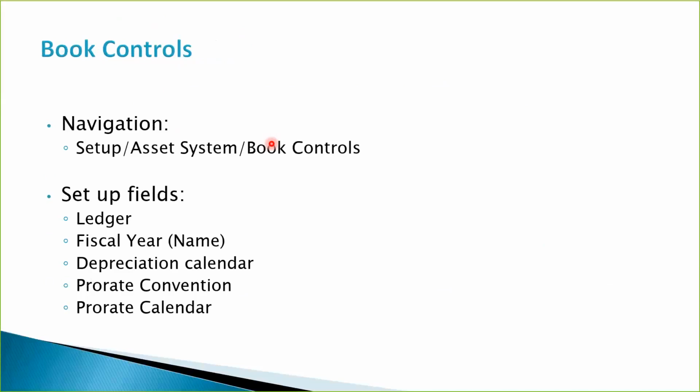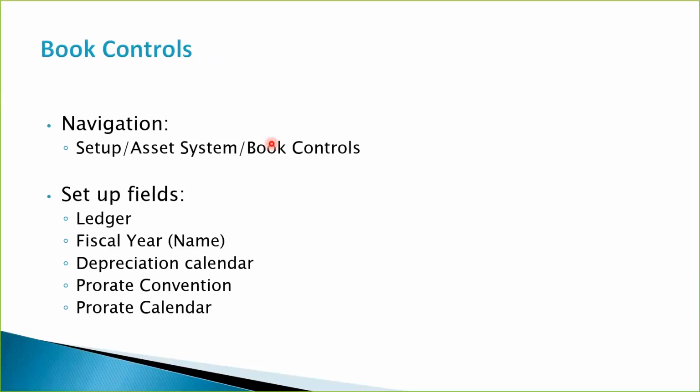Some of the information you'll have to enter will be the ledger, where this corporate book will be sending the entries. You'll also have to enter the fiscal year and the name of that fiscal year. Don't worry about some of these concepts; we'll discuss them and their significance.